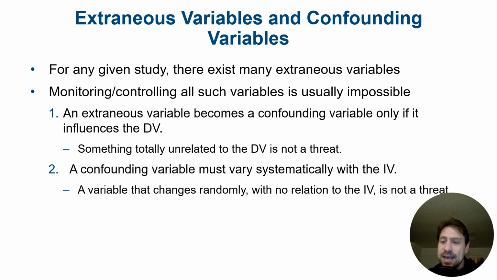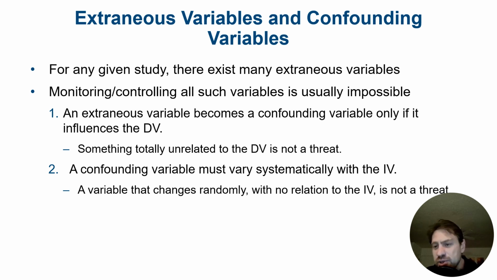And so then the second characteristic of a confounding variable is that it has to vary systematically with the independent variable. Variables that change randomly and are not related to the independent variable are typically not a serious issue.